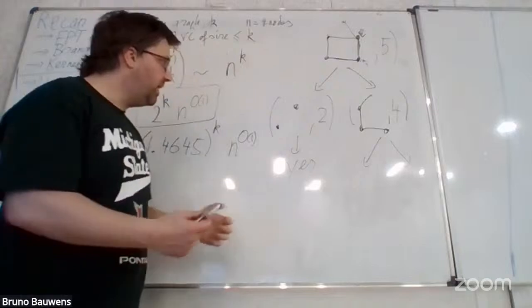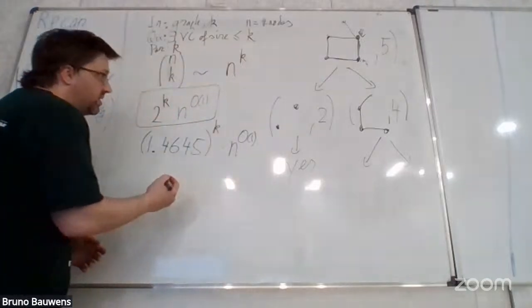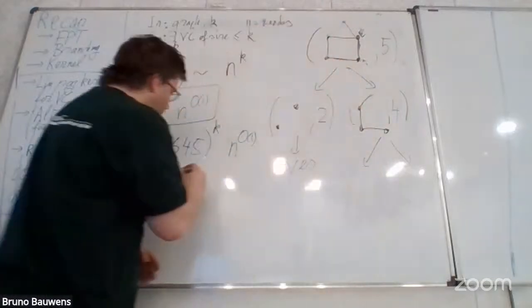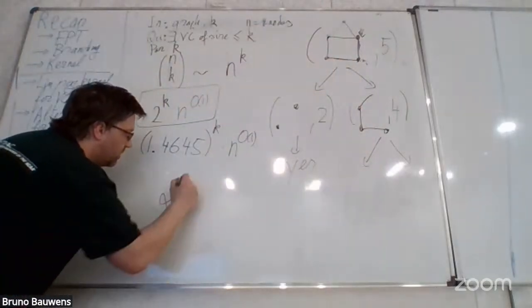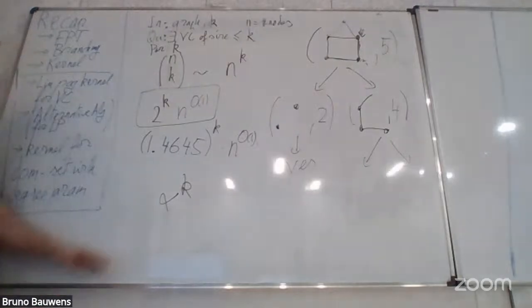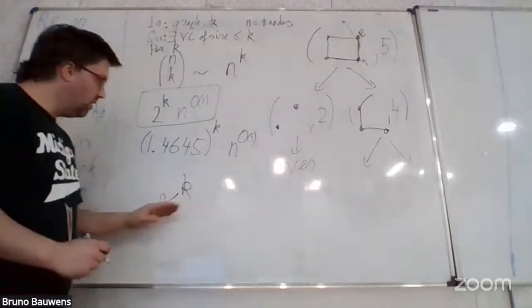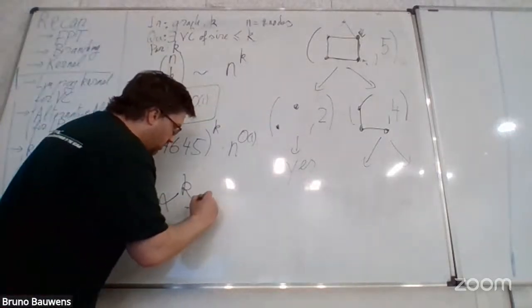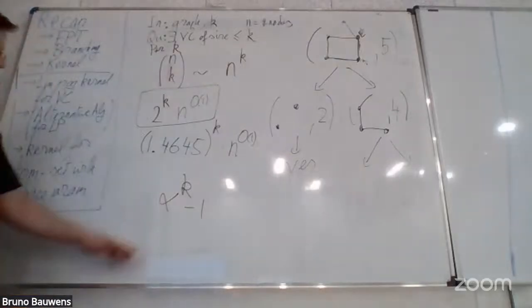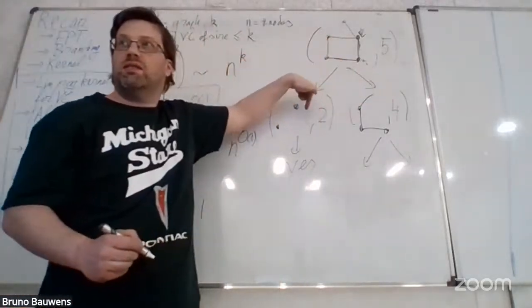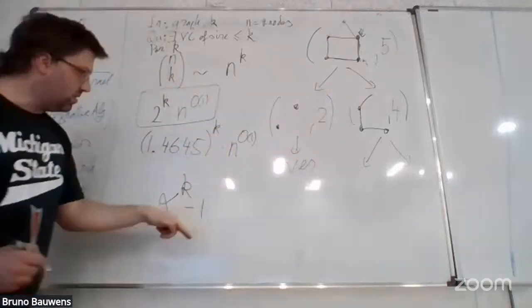We will make a guess: when we give a value of k, the worst case size of the recursion tree will be alpha to the power k. I will add minus 1 because when we have 2 branches, it helps.